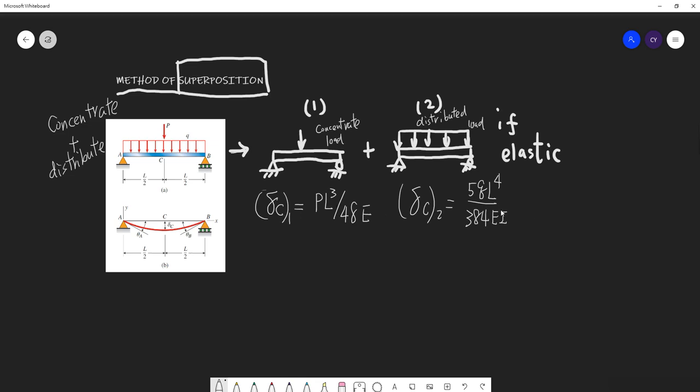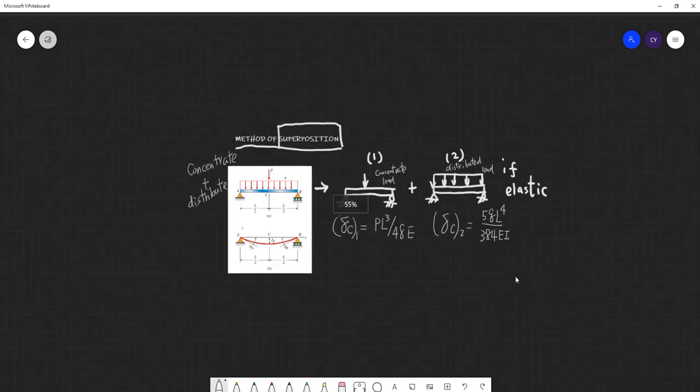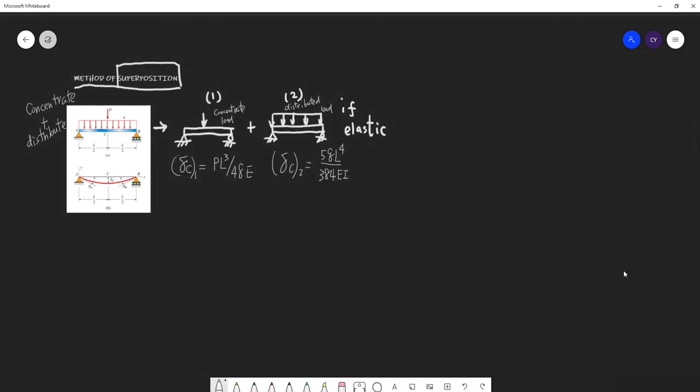You need to calculate by yourself because we already taught you before. When you finish, you just calculate delta C. It's very easy. Delta C is equal to delta C1 plus delta C2, you just combine these two together.